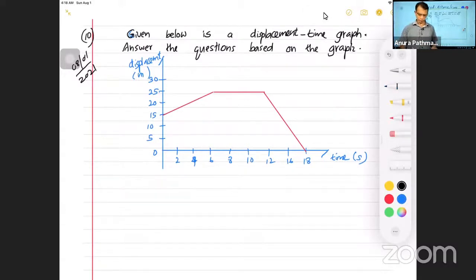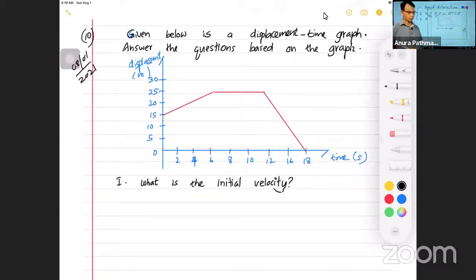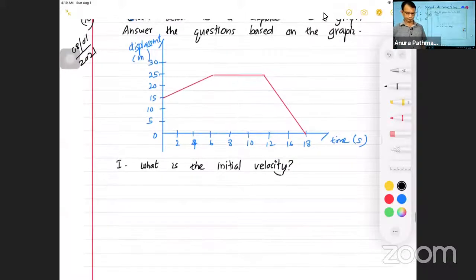My first question, the first part of this: what is the initial velocity?